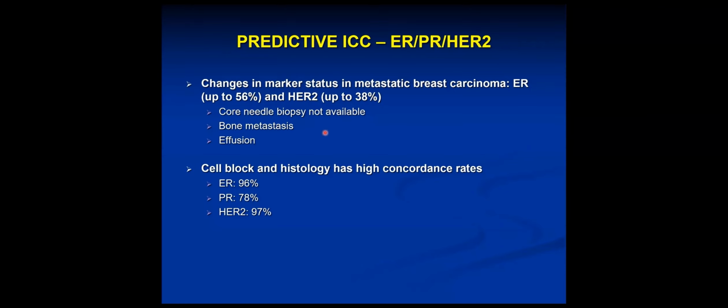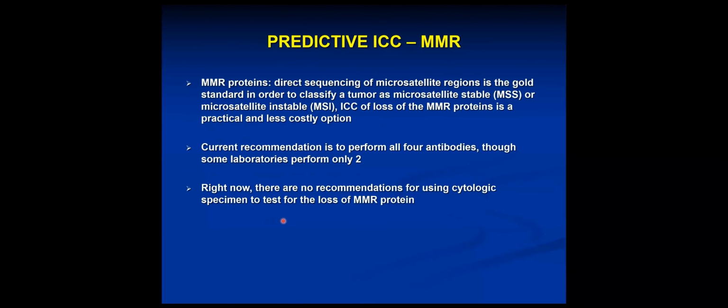It has been reported that cell block and histology have a high concordance rate, especially for ER and HER2. ICC could serve as a practical and cost-effective alternative for conducting microsatellite instability testing on mismatch repair proteins, MMR.